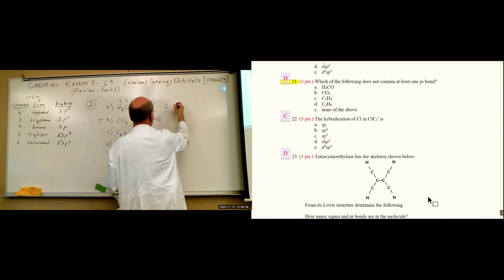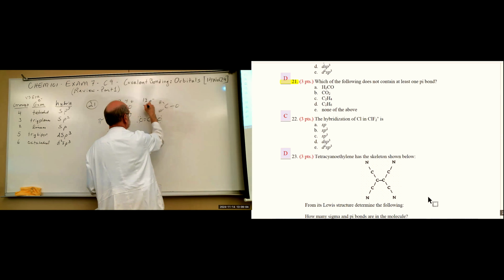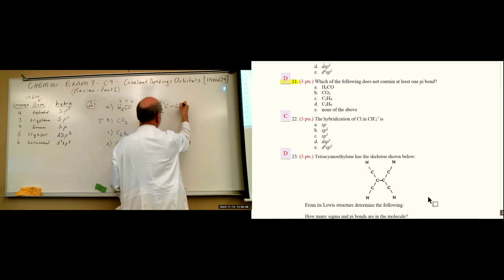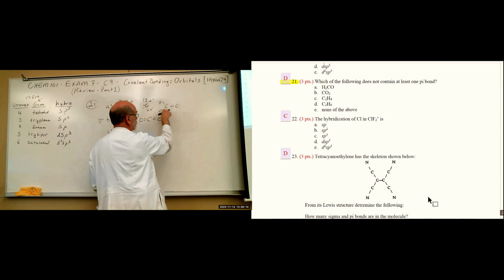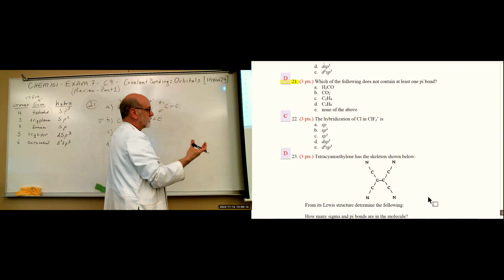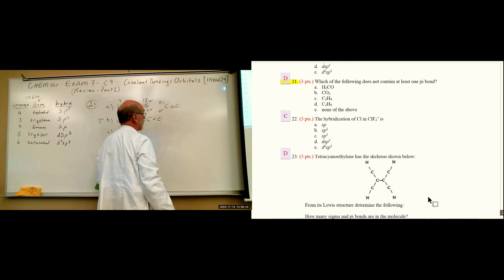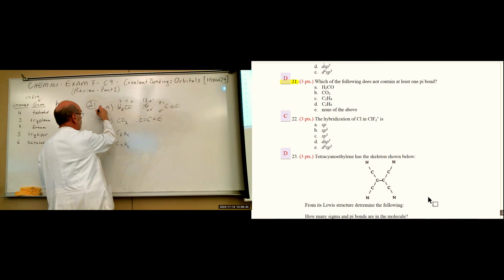We have a carbon, we have an oxygen, and we have 2 hydrogens. It's 2, 4, 6. We've got 6 electrons left over. Okay. 2, 4, 6. We don't need to put them over here because they're already filled, right? Hydrogen only needs to do that. So how do we make an octet out of carbon? We just take one of those pairs and do that. That has a pi bond.